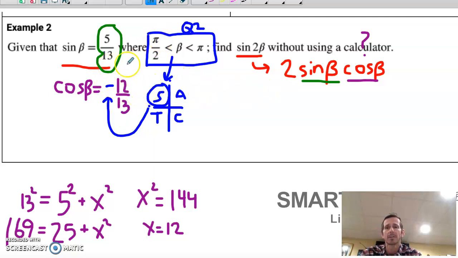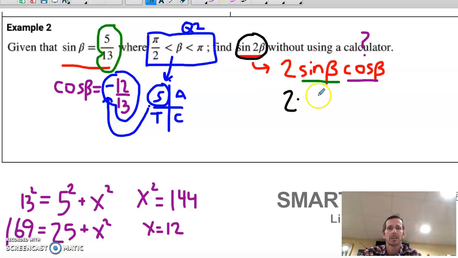And now I have a substitution for both cosine of beta and sine of beta. And so I can come over here and I can actually calculate what I'm asking you to calculate by taking 2 times sine of beta, which is right here, 5 over 13, times cosine of beta, which is right here, which is negative 12 over 13.